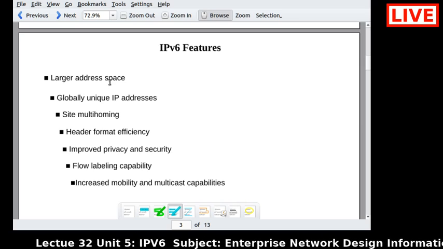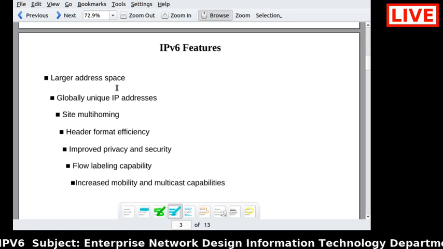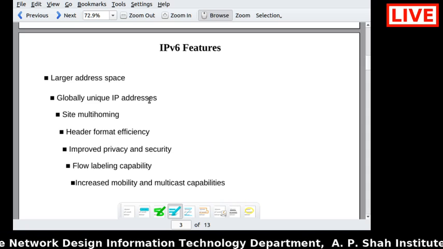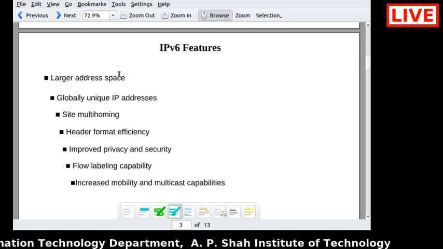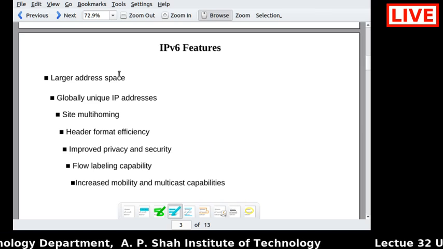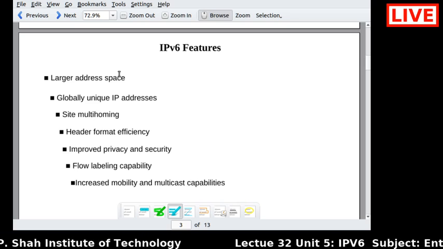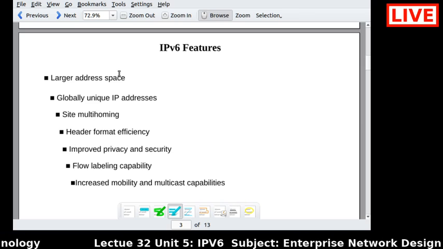You know already that the address space for IPv4 is 32-bit, but IPv6 is 128 bits, right? This larger addressing space helps IPv6 provide more support for hierarchical addressing as well, right? So a much greater number of addressable nodes can be there, right?